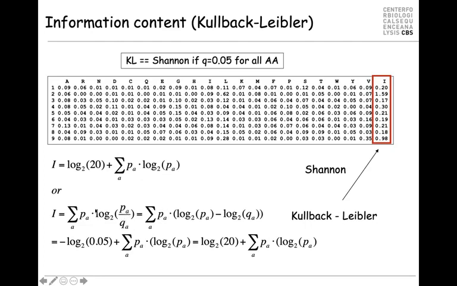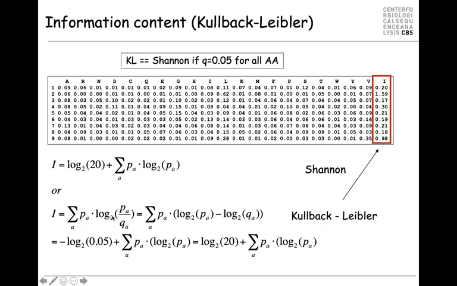If you rewrite the Kullback-Leibler equation, saying that the log of a ratio is the difference between the log of the numerator and the log of the denominator, then if all these background frequencies are 5%, so you assume an equal frequency for all amino acid types, you can take this Q out of the summation because it's just a constant, and then you get back the Shannon information content.